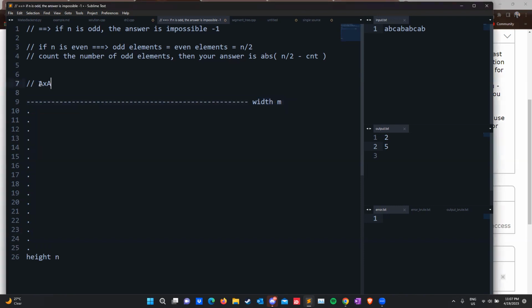So we have squares of a cross a, and we have to use them to cover this entire grid. What you can do is, first of all, try to cover this entire length. Let's say you place a square here. The length of this will be a.